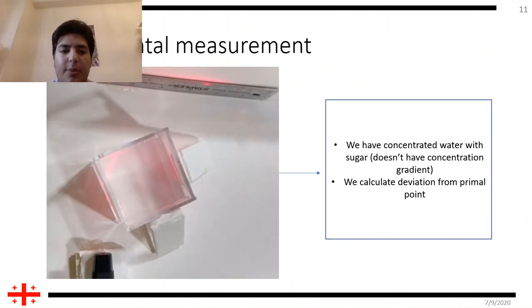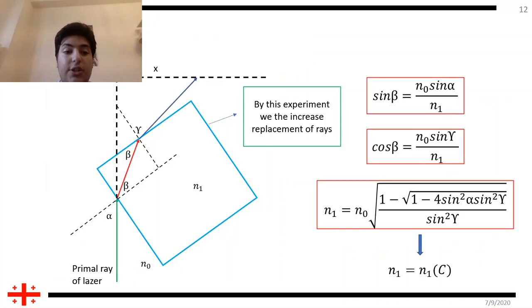And the final step to investigate the trajectory is to connect the refraction index and the concentration. For that, we use this kind of experimental measurement. We stir the sugar inside the container in order not to have any kind of gradient inside of it. Then we shine the laser through this container, and we measure the distance between the first and the second beam, which is x right here, and x will of course depend on the concentration.